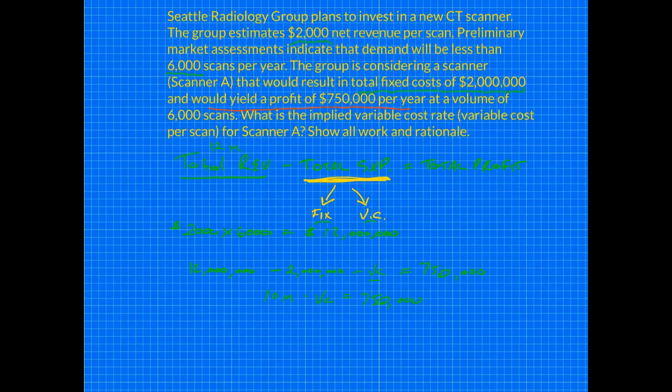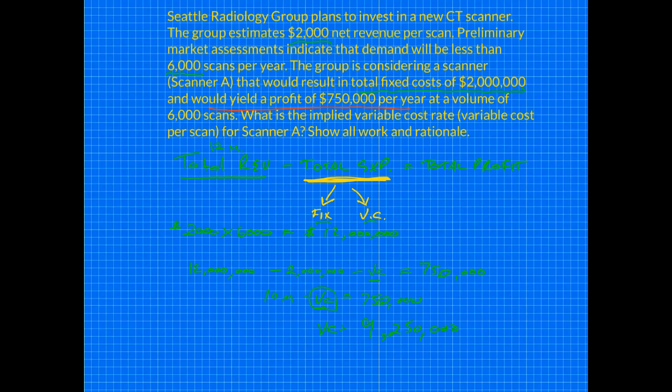I think it's pretty intuitive on how to figure out what the missing variable is here. If you have $10 million and you're going to end up with only $750,000, you know that the variable cost has to equal, let's see, $9,250,000.